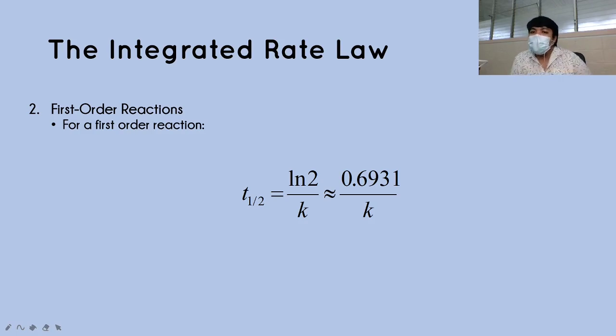There's actually a long list of values here, but they just rounded off to 0.693. If you're the meticulous one, you will be obsessed if you round this off to just 0.693. So you can just use ln 2, the natural logarithm of 2, divided by the rate constant.